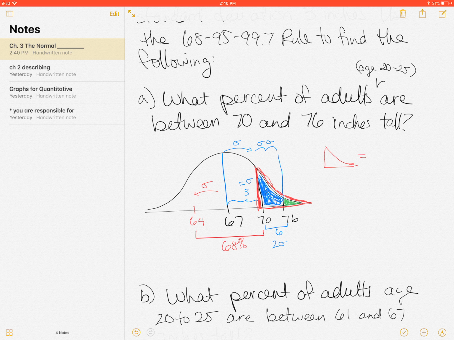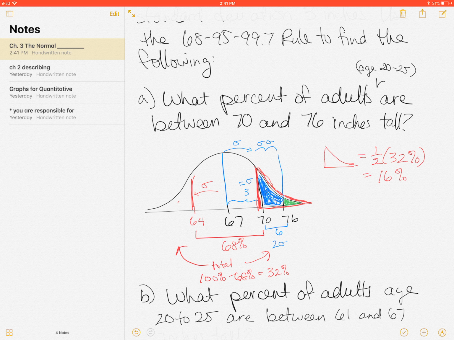Well, that means the 2 tails left over are whatever's left from 100%, or in this case, 32%. Well, that's for both sides. So one side is going to be half of 32%, which is 16%.